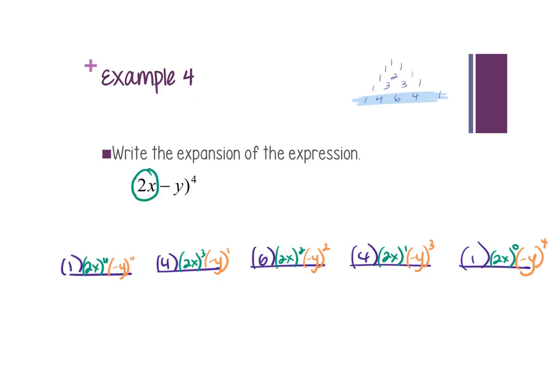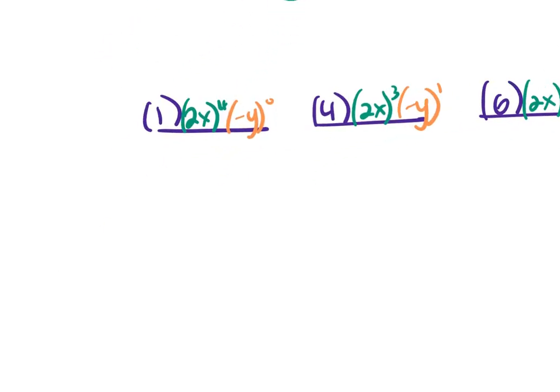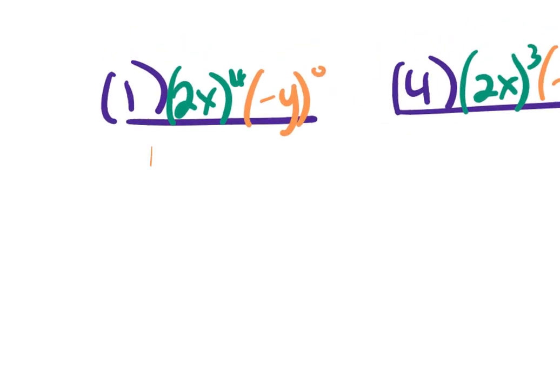And then we go term by term. So this is 1 times 2 to the 4th, which is 16, times x to the 4th, and then negative y to the 0 is just 1. So this is 16x to the 4th.